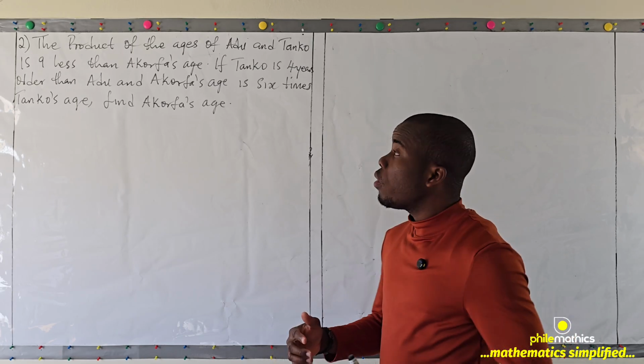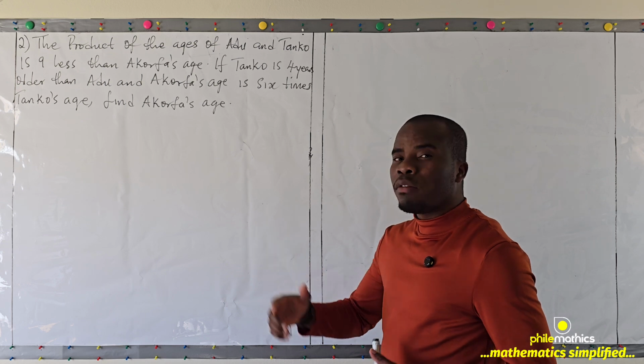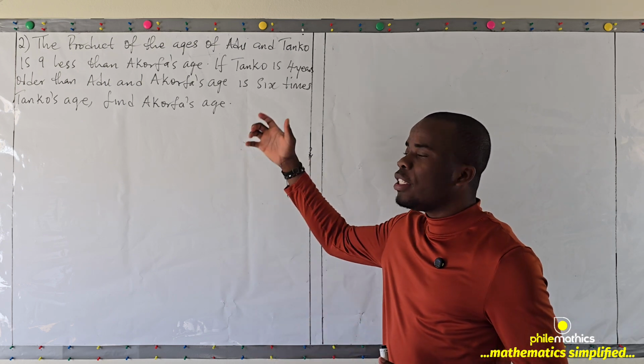Let's first of all use letters of the alphabet to represent the ages of the 3 of them.